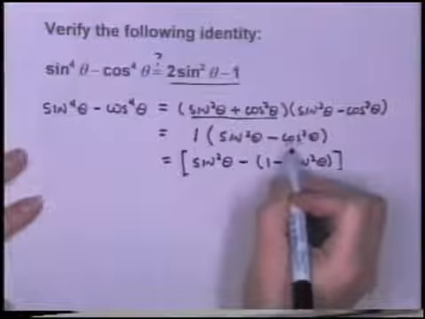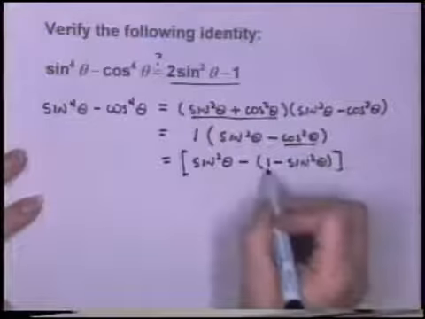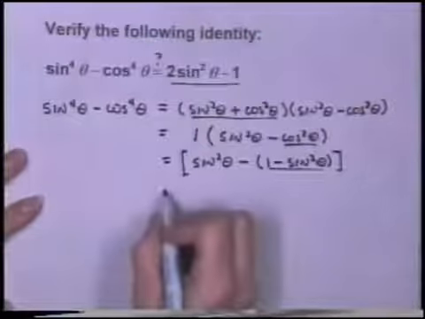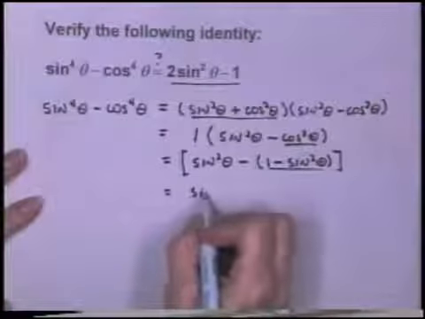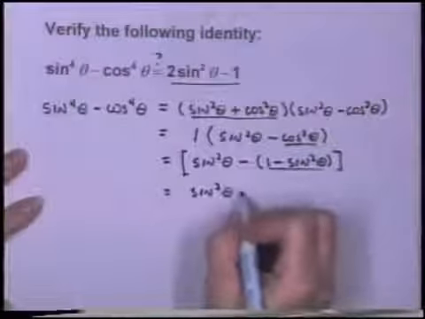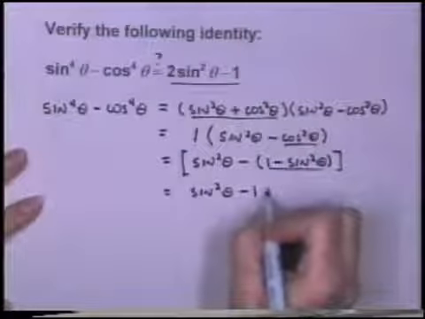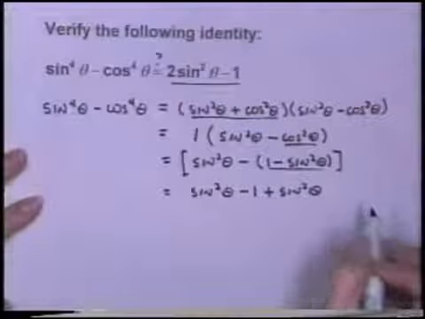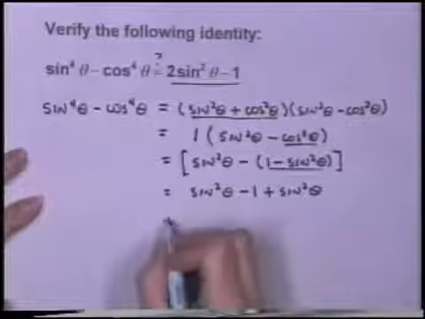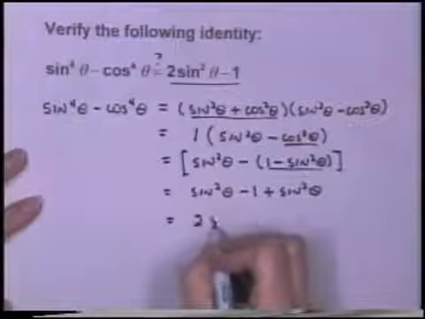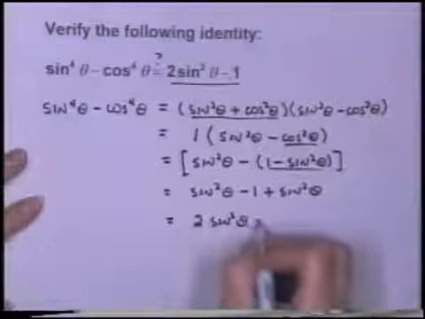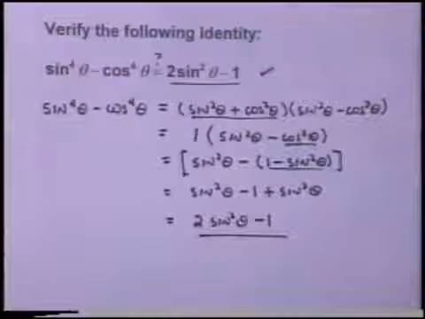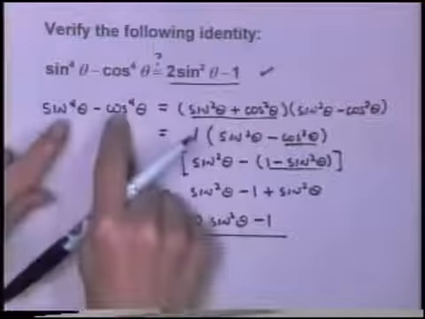So notice that I used a parenthesis. I've got this subtract. I'm replacing cosine squared theta with 1 minus sine squared theta. Now let's distribute our negative here. Sine squared theta minus 1 plus sine squared theta. Notice now I have two like terms, so I may add those. 2 sine squared theta minus 1, which is what I wanted to verify.